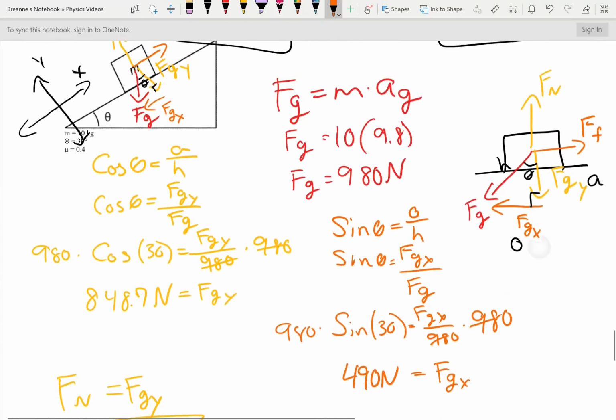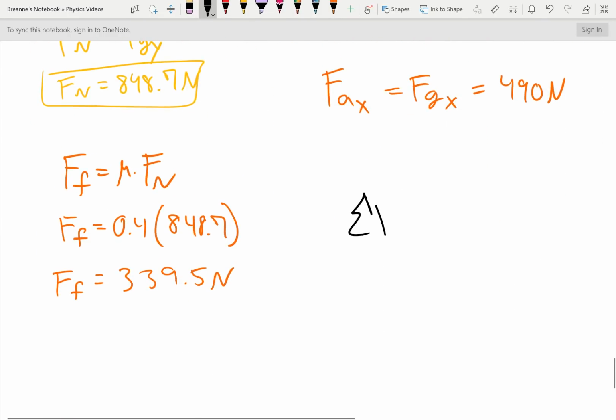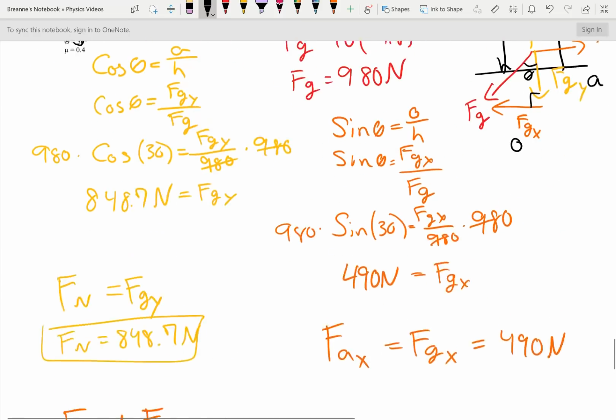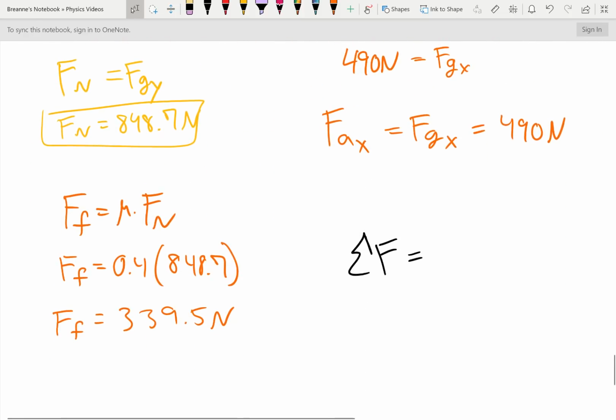So the next step is to find your net force. So remember, your net force is all the forces that are affecting its motion. So it's going down the ramp. We already said the force that's making it go down the ramp is our force of gravity, or you can call it our force applied in the x. And what's slowing it down would be our force of friction.